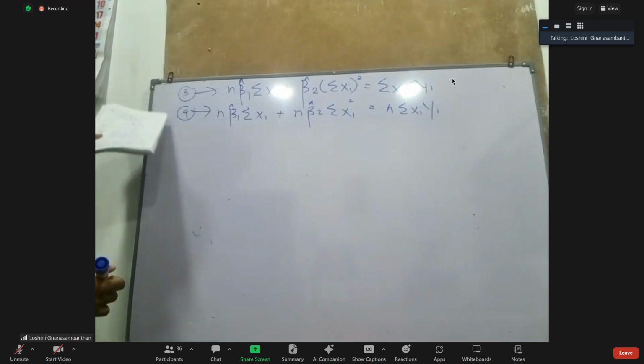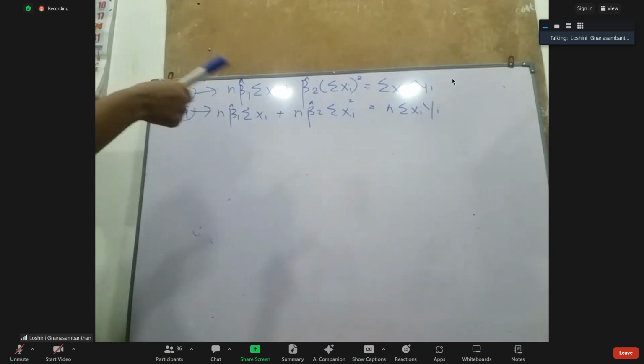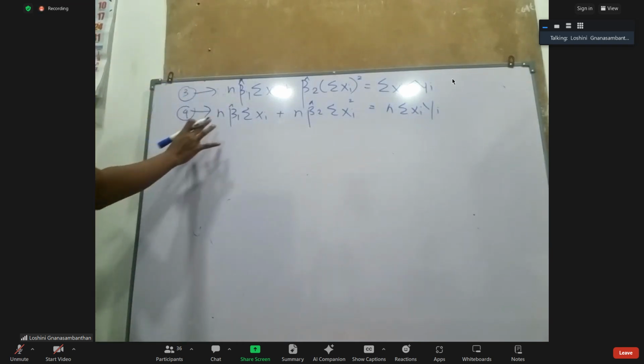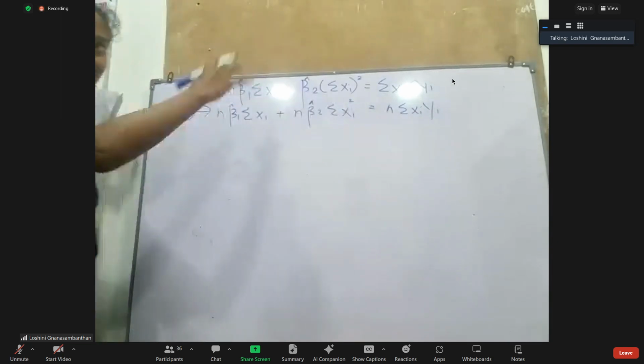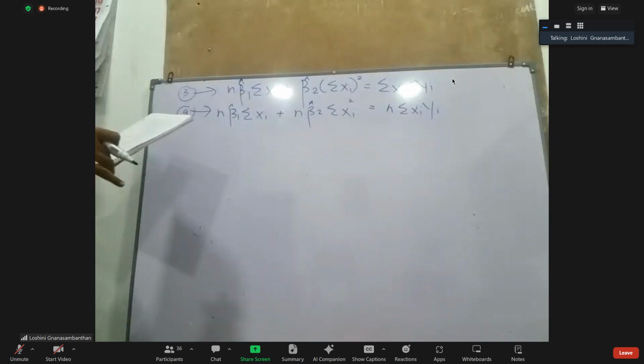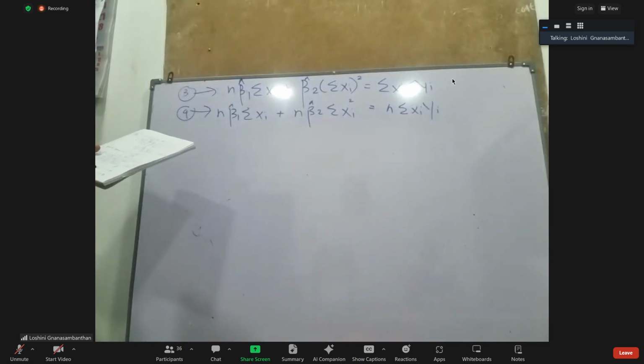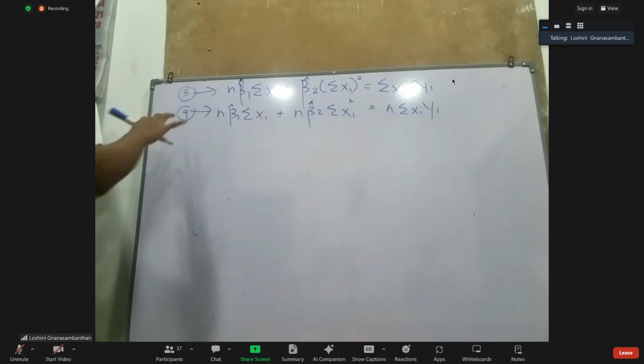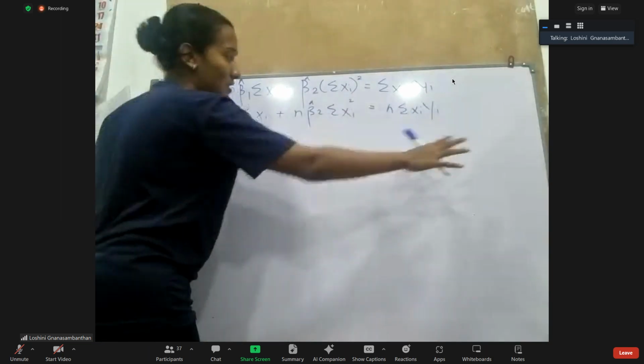So this is the third and fourth. Actually, the fourth equation came as the third, and this third equation came as the fourth. Like I've done, just the labels are different, but you get the same answer.